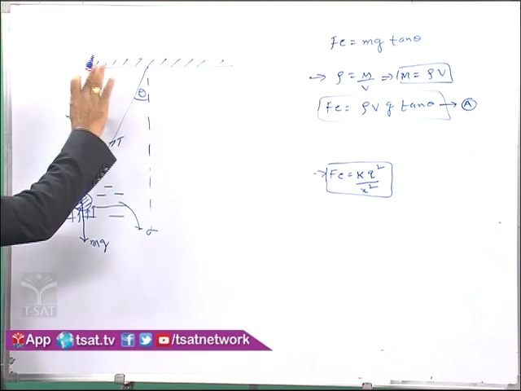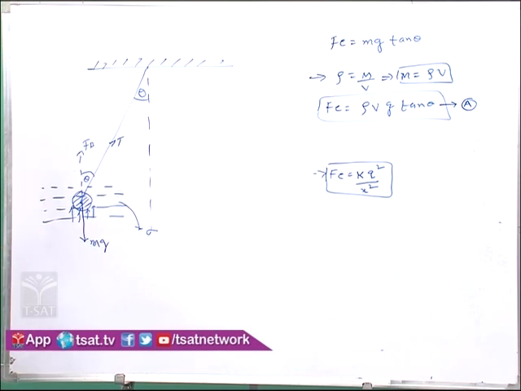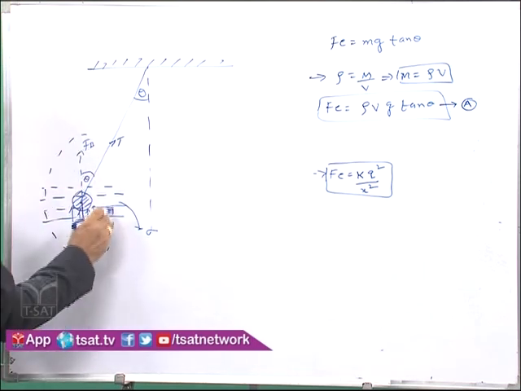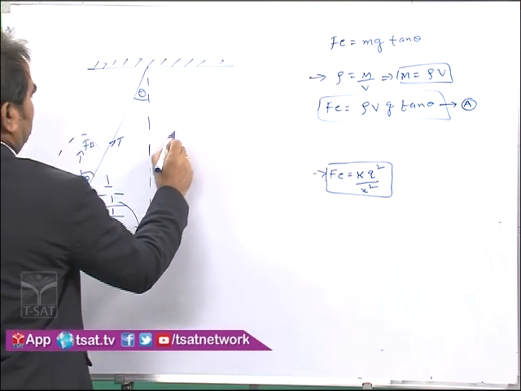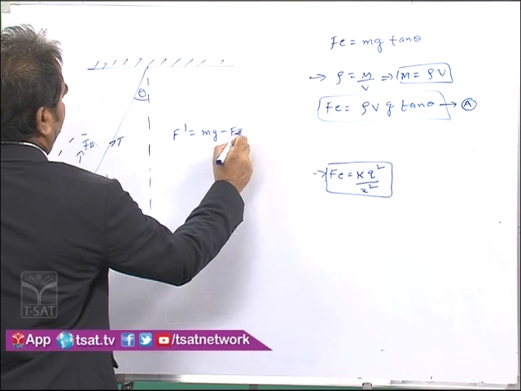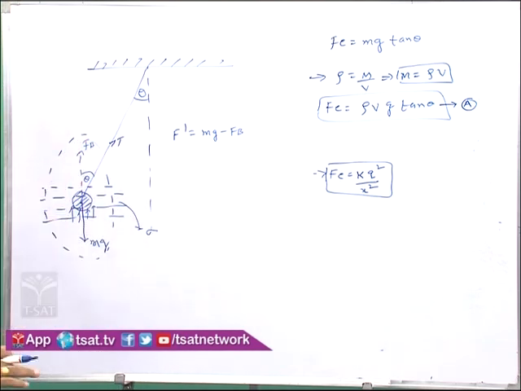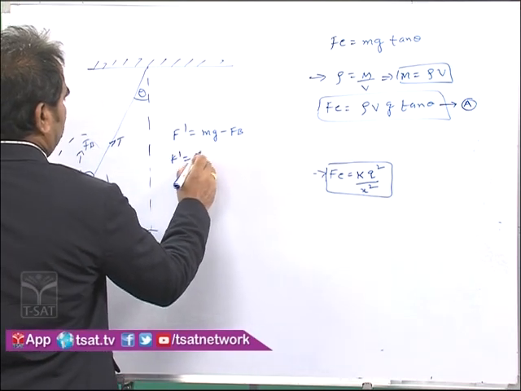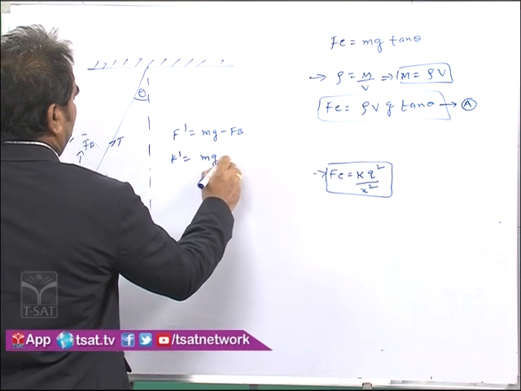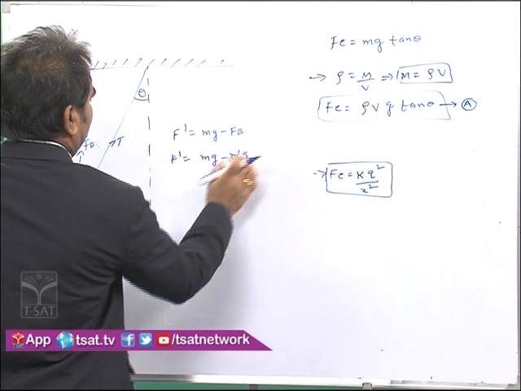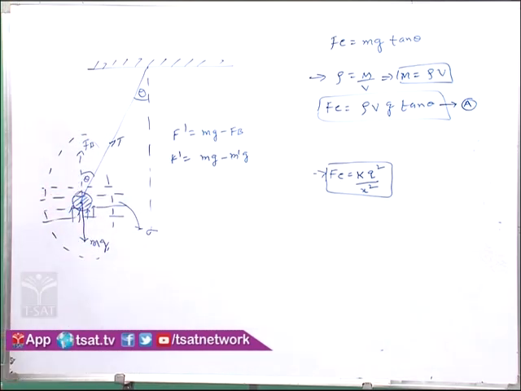So when the system is immersed in a liquid, the net resultant force on the system will be given as F dash is equal to mg minus Fb. The difference of these two forces gives the resultant force acting on this. That is, F dash is equal to mg minus m dash g, where m dash g is called the buoyant force acting on this ball.